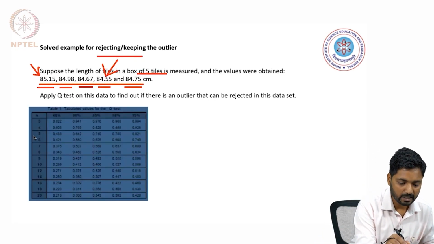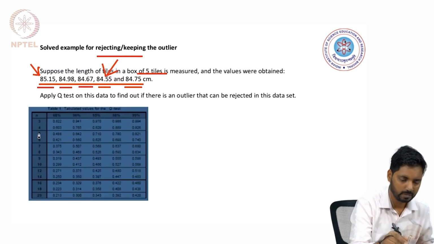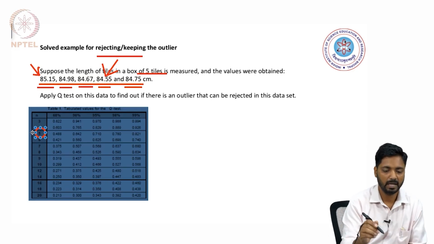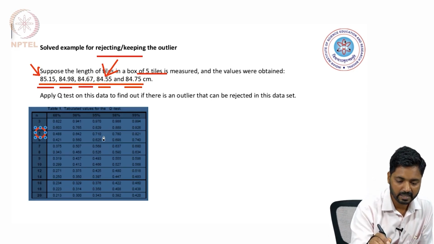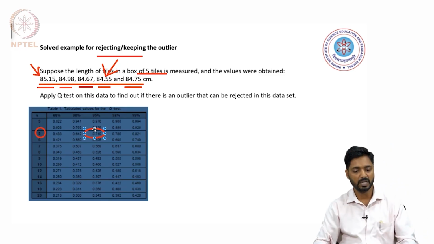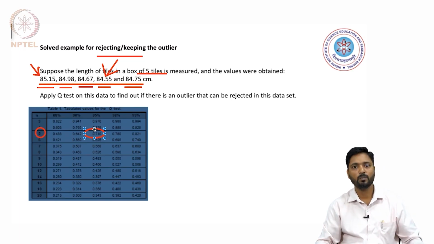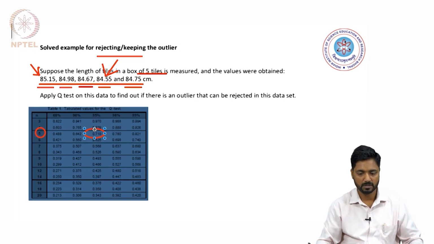So, n as 5 is shown here, and at 95% confidence level, the Q value for n equal to 5 is 0.71.